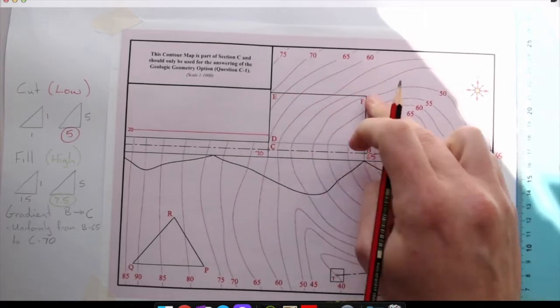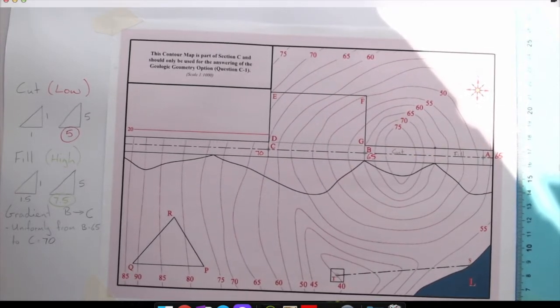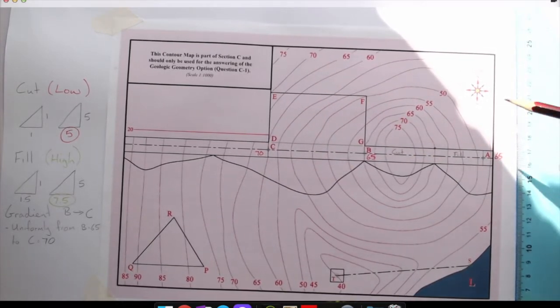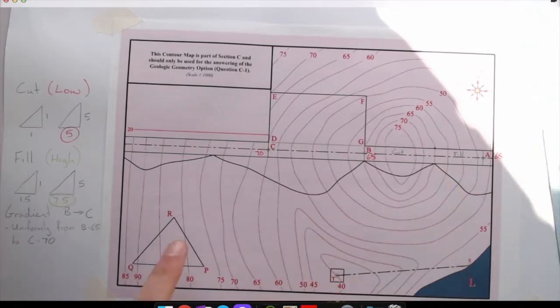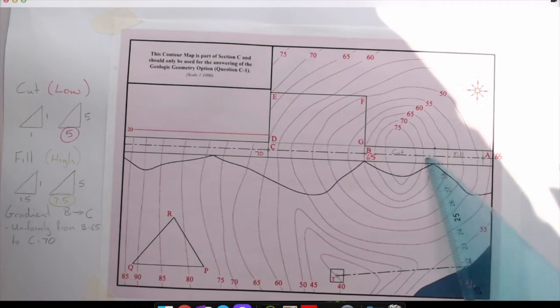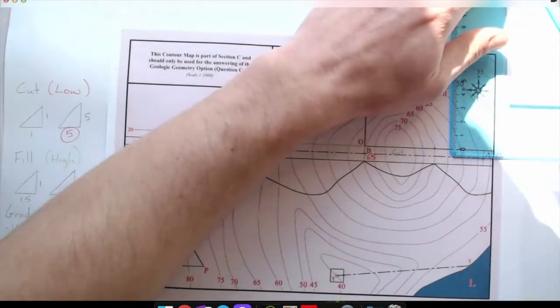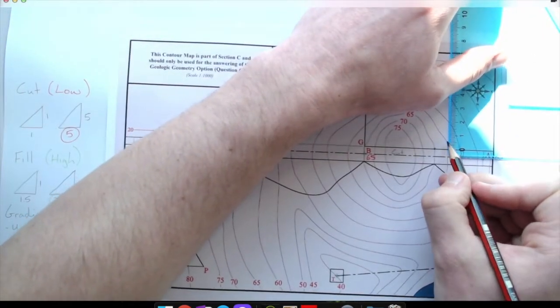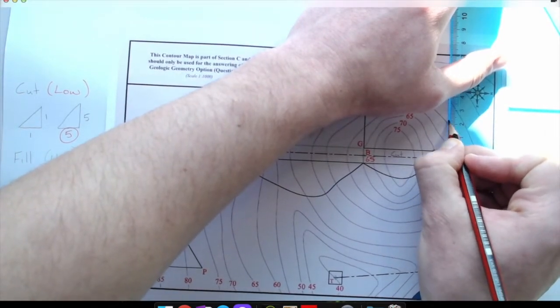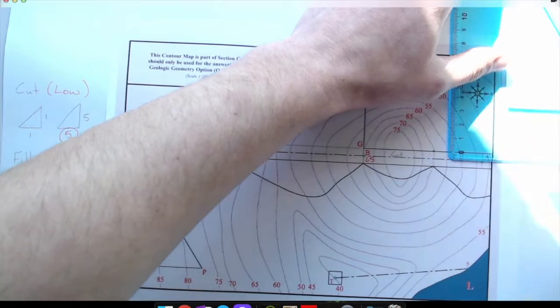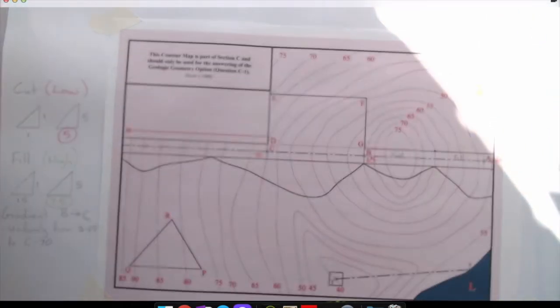Now I'm going to forget about this for a second. I'm not even going to pay any attention to that for now, and I'm going to put in these things. For my fill, because this road is level, I'm going to go parallel to the road, so I'm going to have my 7.5 coming up, and I'll put in my lines.